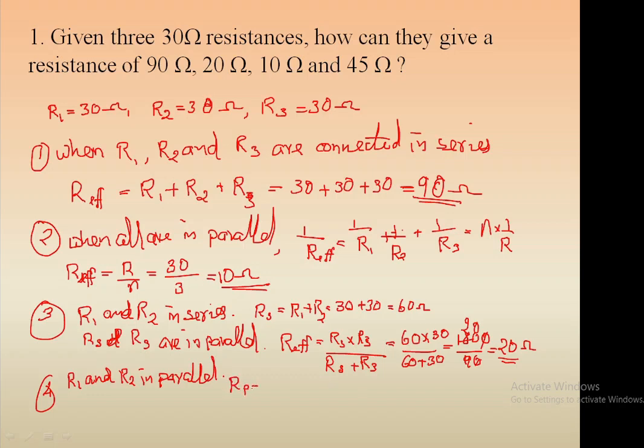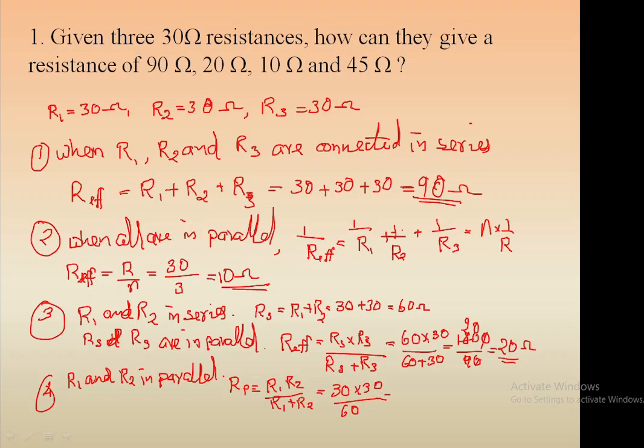Rp is the effective resistance, equal to R1 R2 divided by R1 plus R2, that is equal to 30 into 30 divided by 30 plus 30, that is 60.